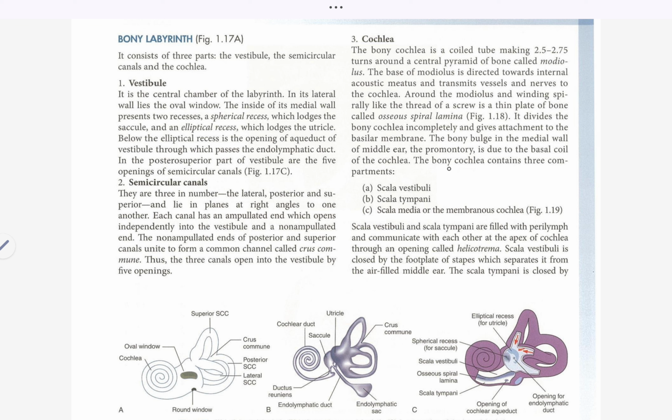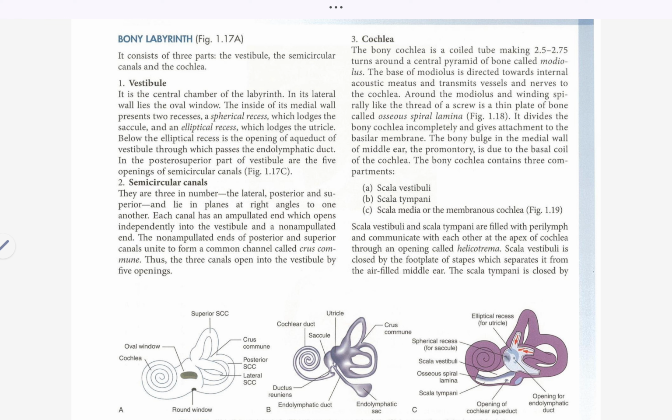The bony cochlea contains three compartments: scala vestibuli, scala tympani, and scala media, or the membranous cochlea. Scala vestibuli and scala tympani are filled with perilymph and communicate with each other at the apex of the cochlea through an opening called the helicotrema.